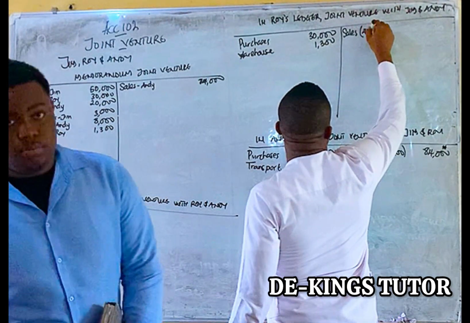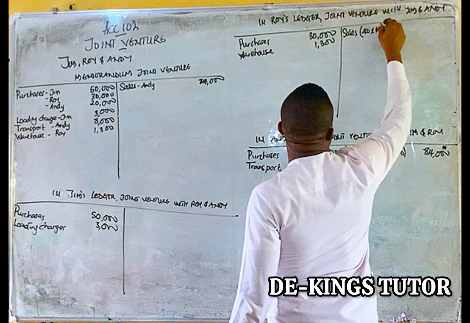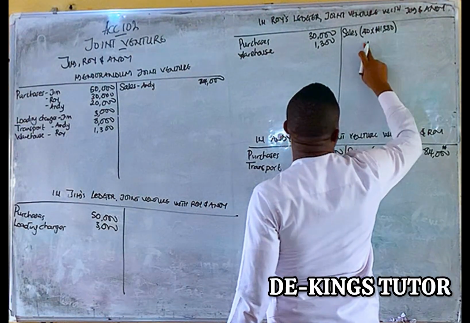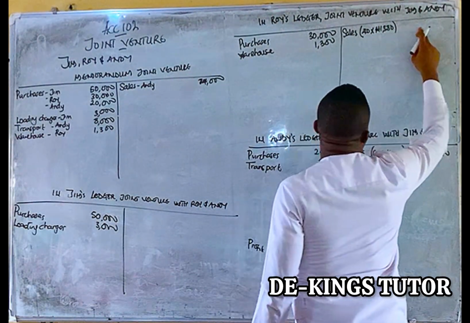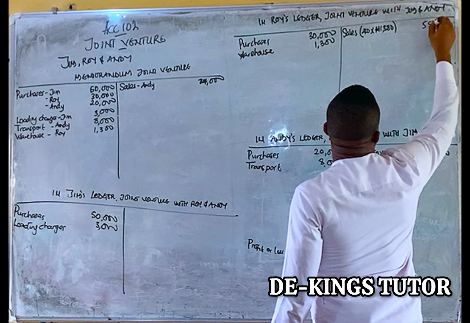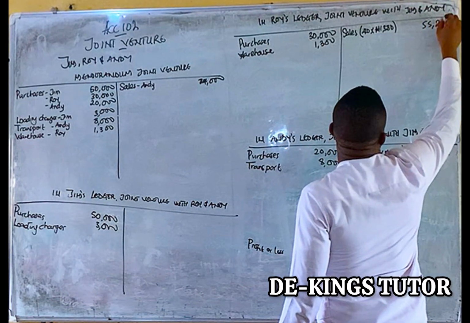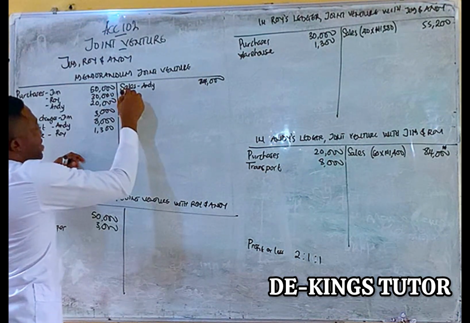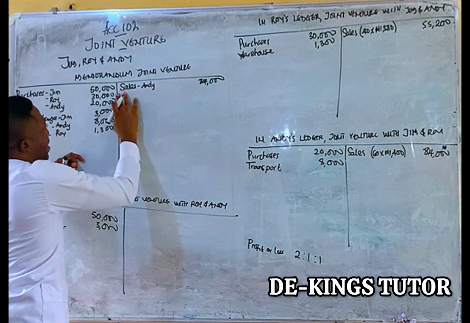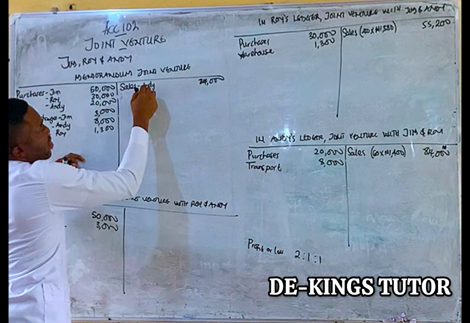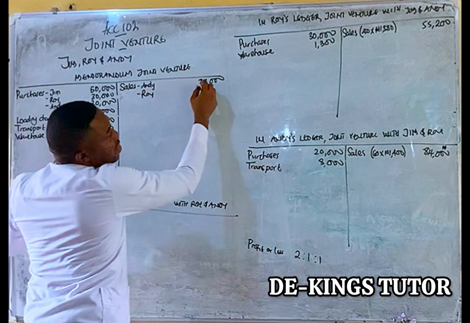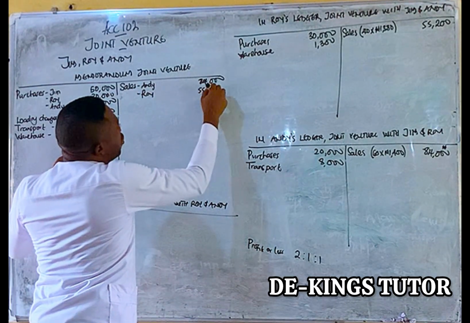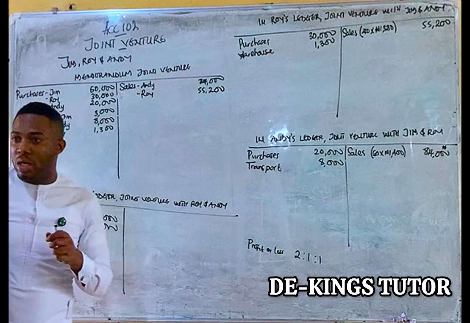So 40 times 1,380, what do we have? 55,200. So we write sales by Roy, 55,200.